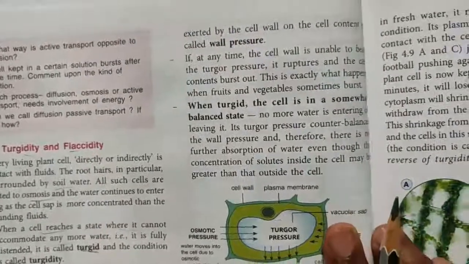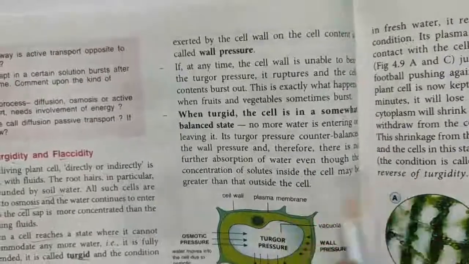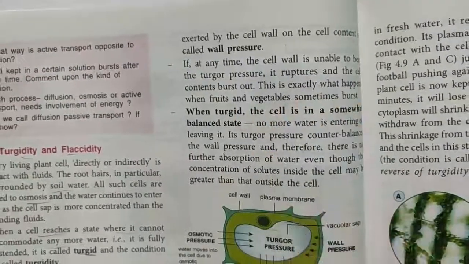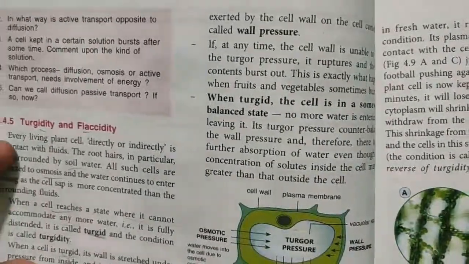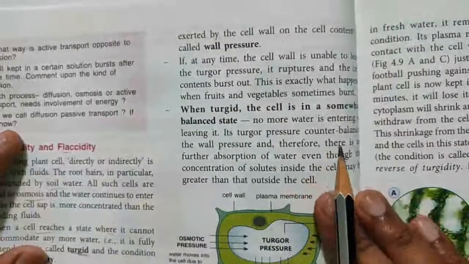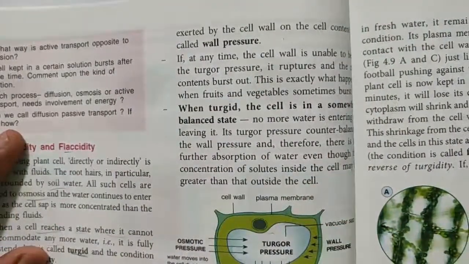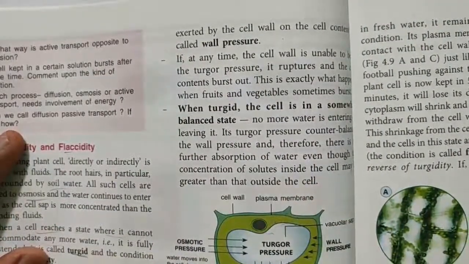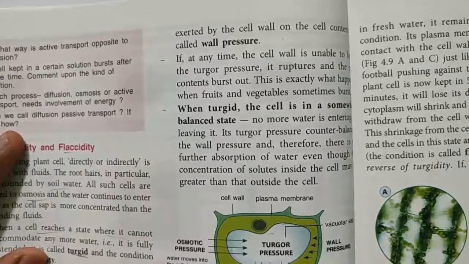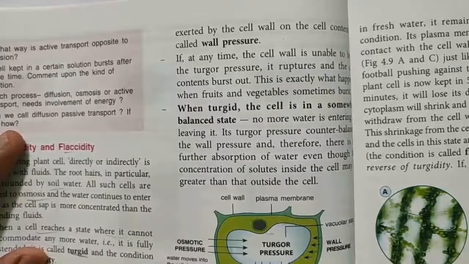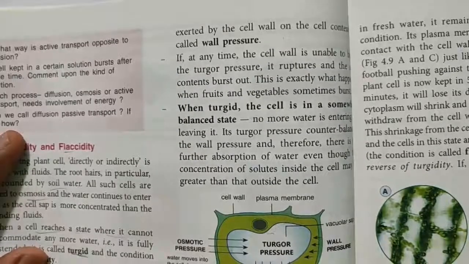Now anytime when a cell is unable to bear the turgor pressure, it ruptures and the contents burst out. So as soon as the cell reaches the state of turgidity, and more water is entering into the cell, what will happen? The cell will start to burst, due to which all the cell content will come out of the cell.